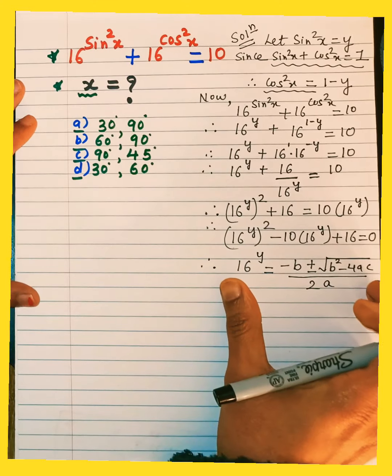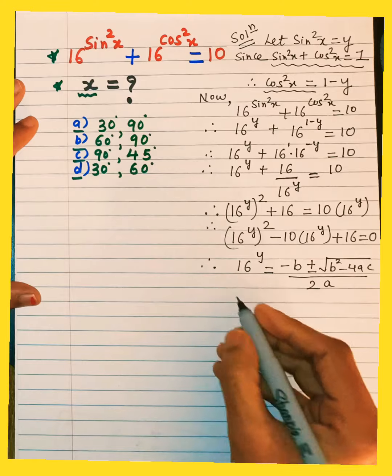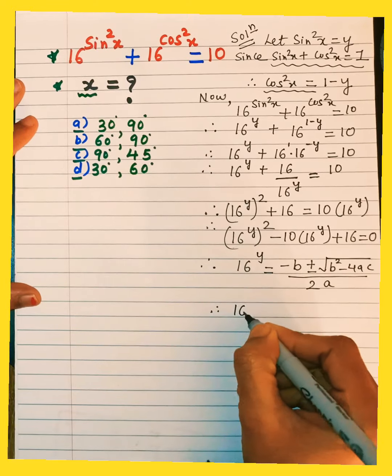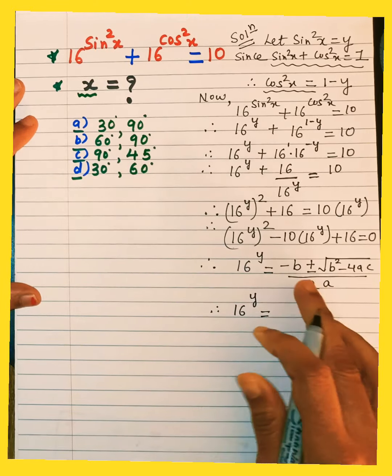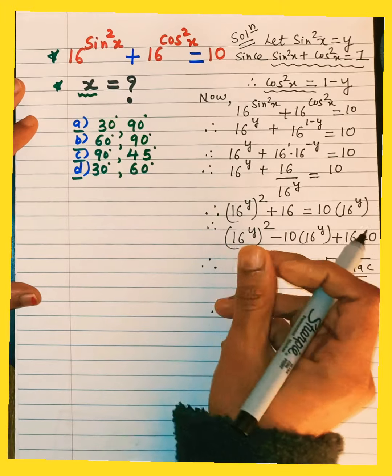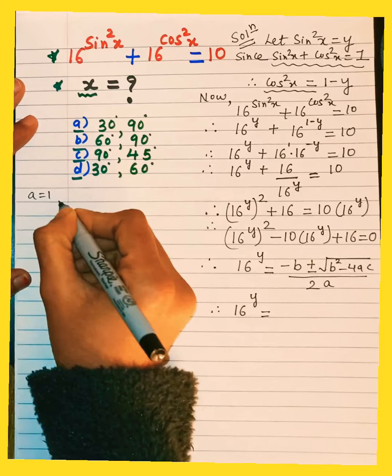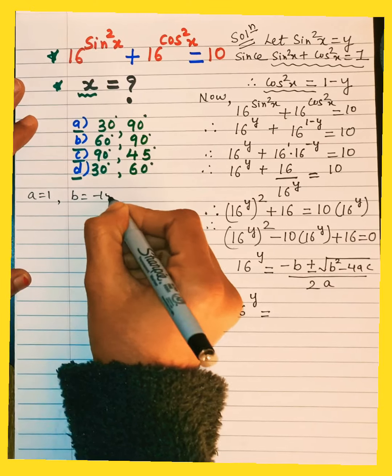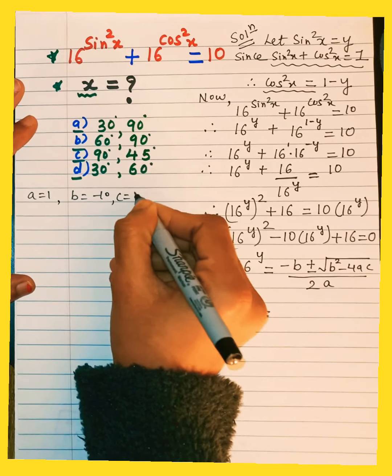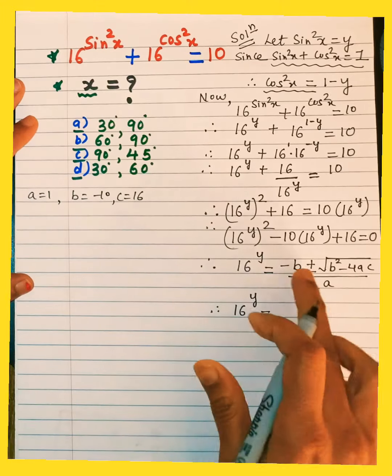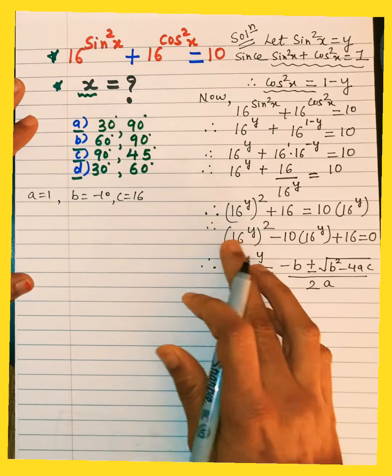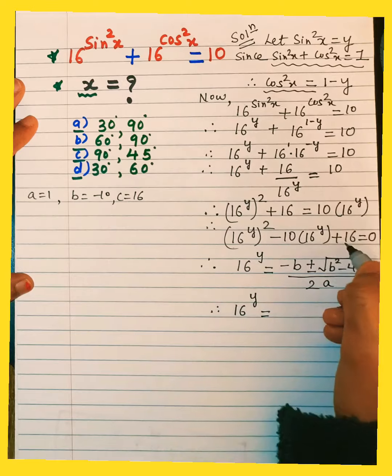So this is our quadratic formula. Now substituting values. 16 raised to y equals to minus b. Now this is our a. Here a is 1, b is minus 10 and c is 16. So these are our a, b, c.